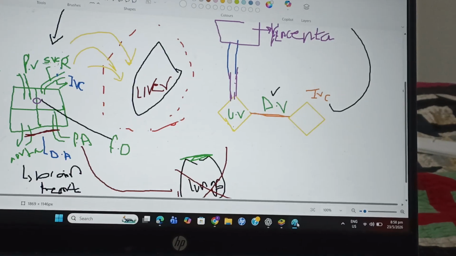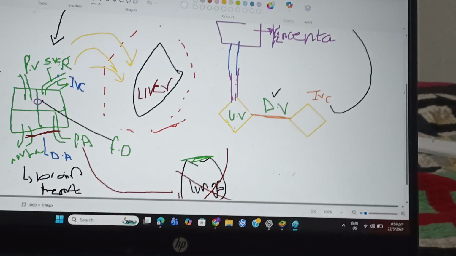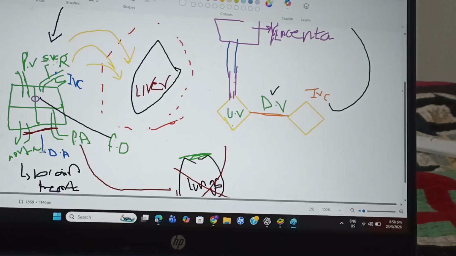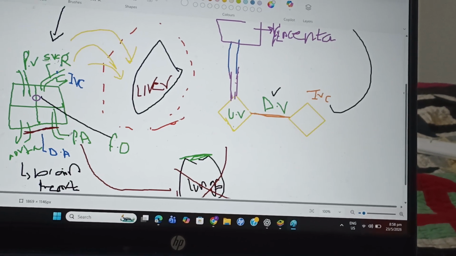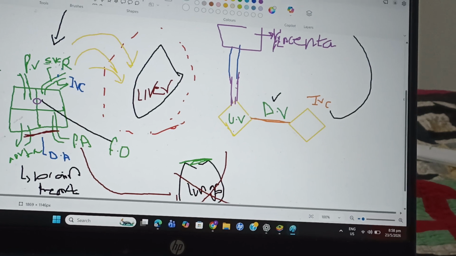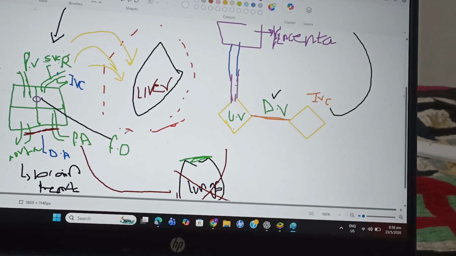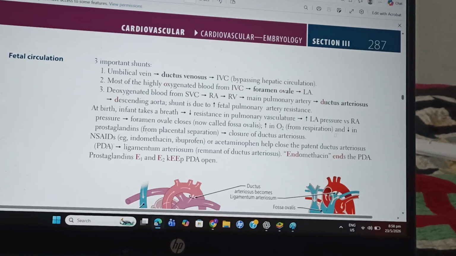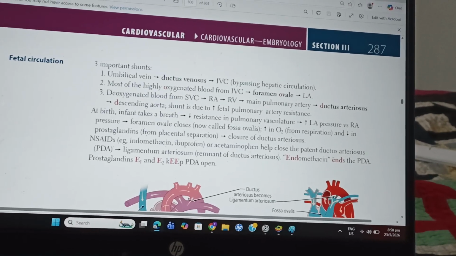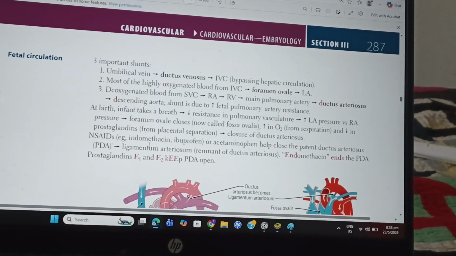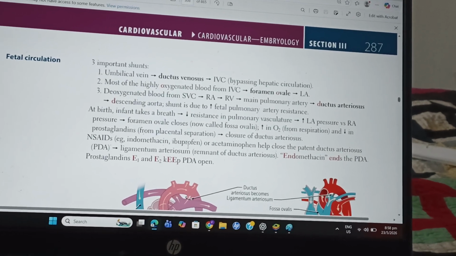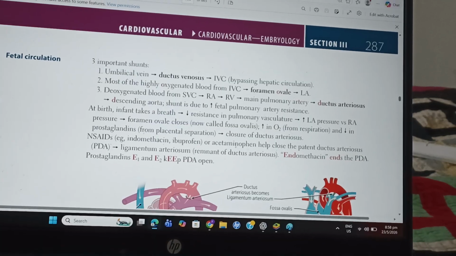So when we see patent ductus arteriosus, it means that when this ductus arteriosus doesn't close, there will be a connection there even after birth. That is called patent ductus arteriosus. Now these are the medications: indomethacin, ibuprofen, and acetaminophen.